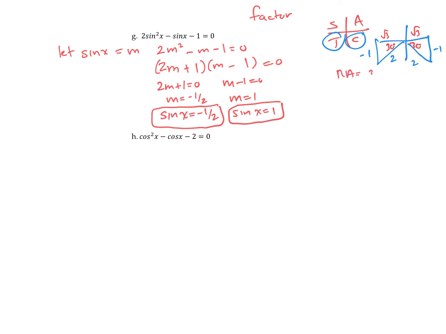So the related angle is going to be 30 degrees. So I can start my solution set here. When sine x equals -1/2, my solution is 180 plus 30, so 210. And then it's 360 minus 30, so 300. So those are my two solutions for sine x equals -1/2.